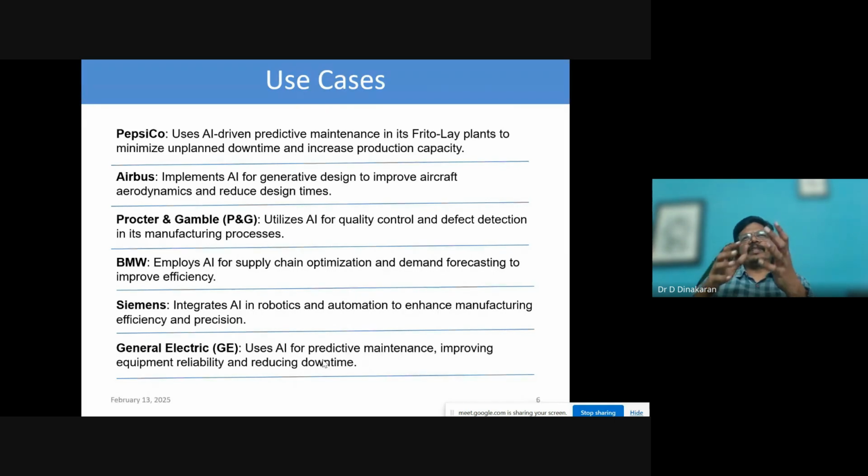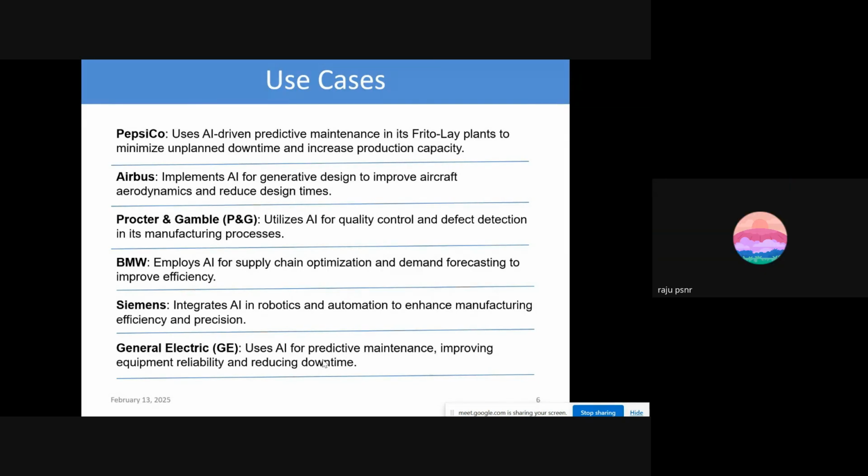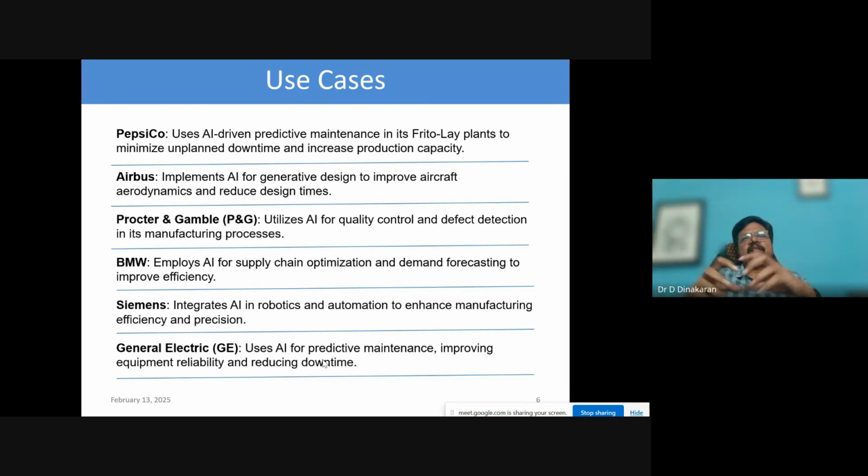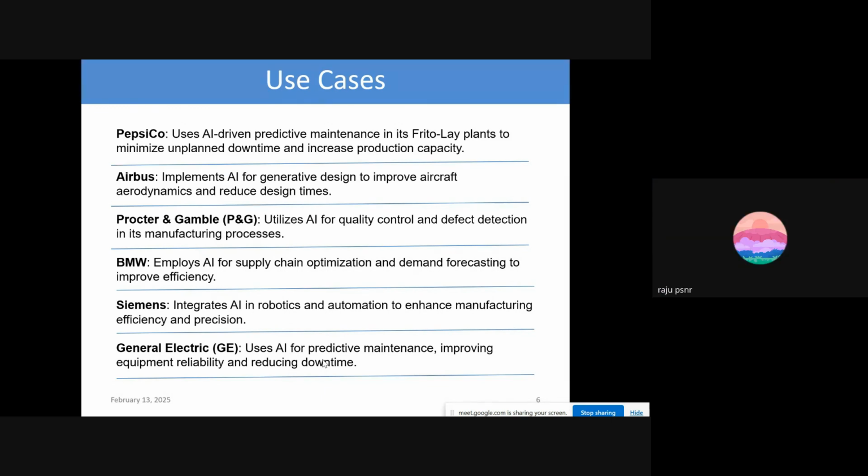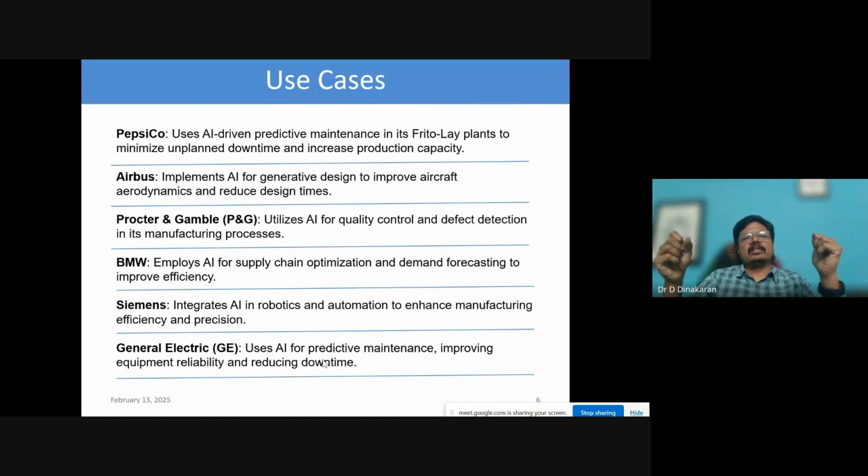The similar kind of thing, machines are made. Machines are built with many sensors, and those sensors are acquiring the output, and those outputs are compiled and some data analytics is done.